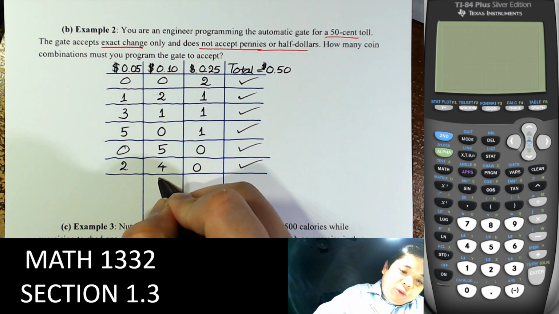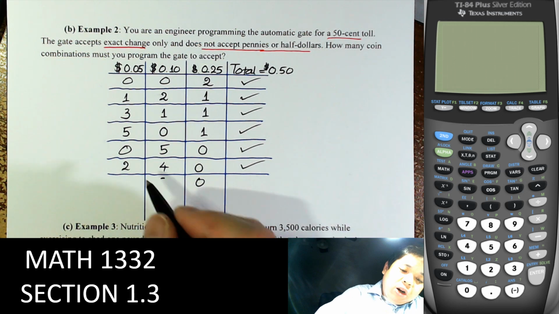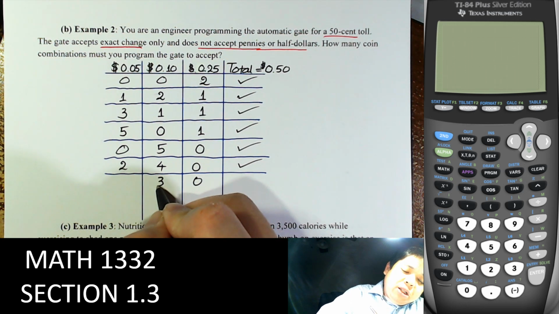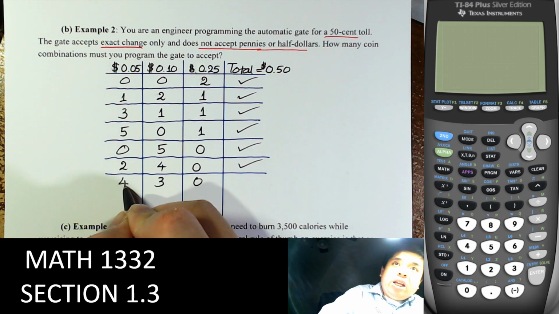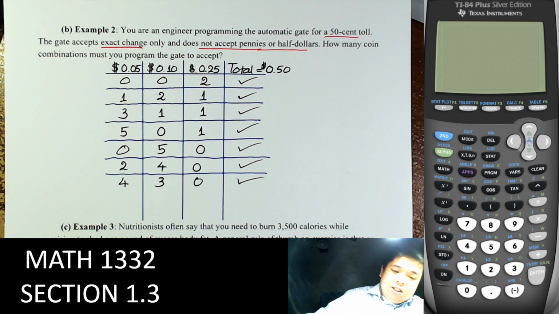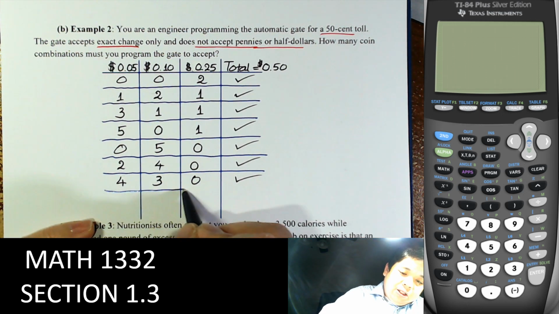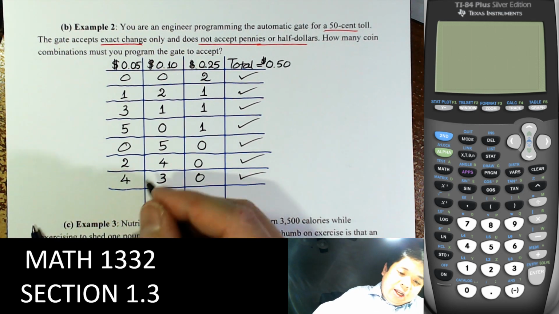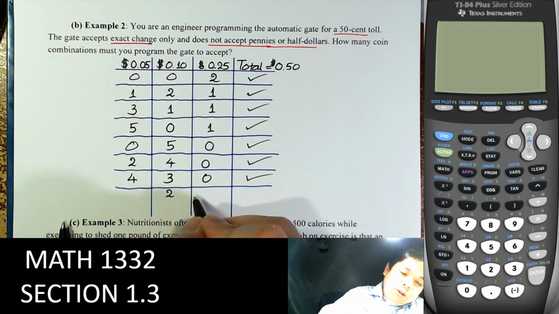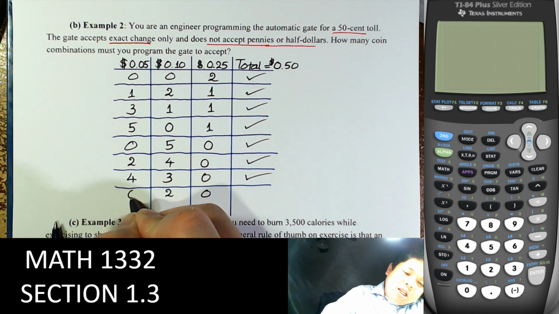And then if you have 0 quarters, but only 3 dimes, that means there have to be 4 nickels. And then with 2 dimes, that has to be 6 here.